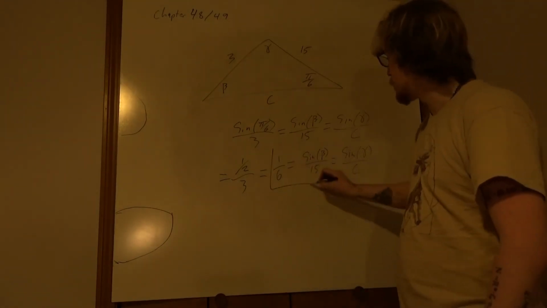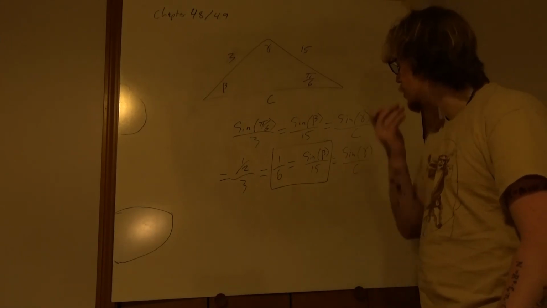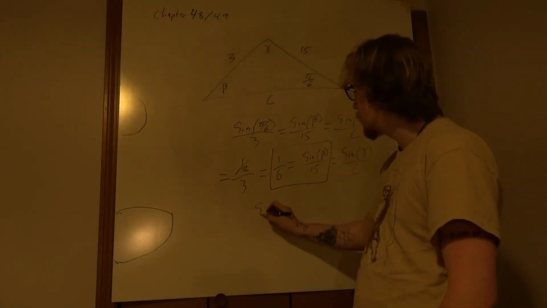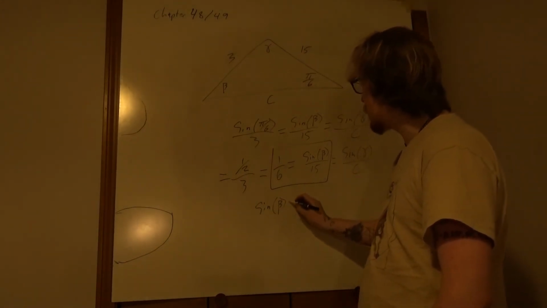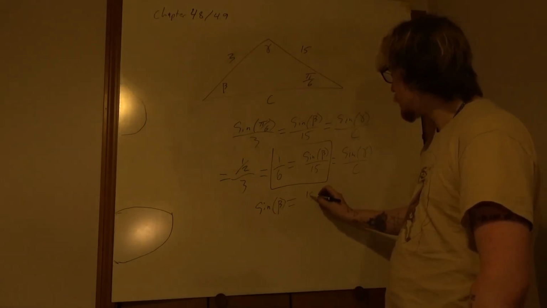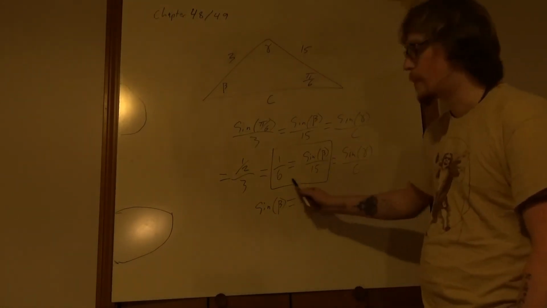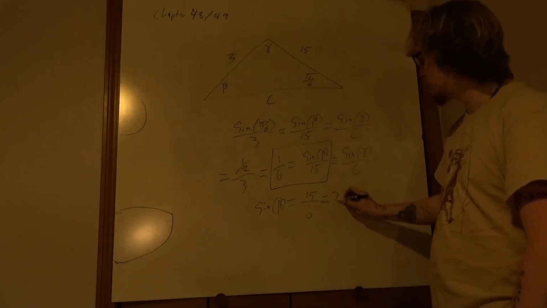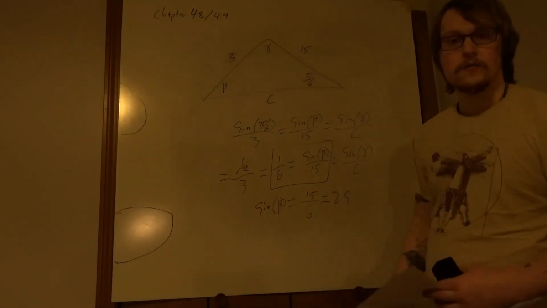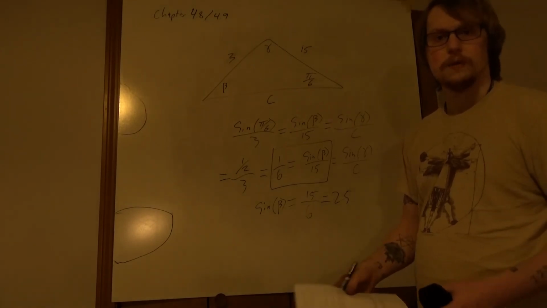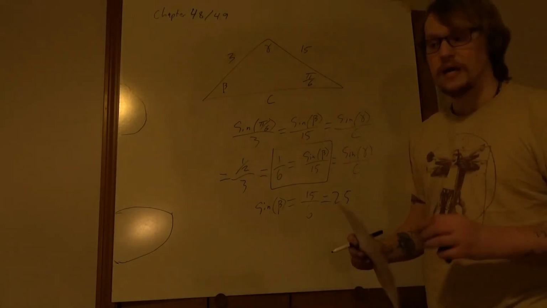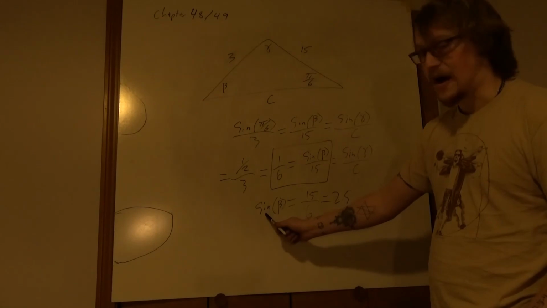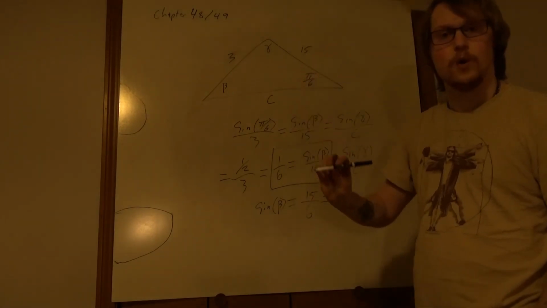So, using just this relationship, I can say that sine of beta is going to equal 15 over 6, just by multiplying both by 15. However, 15 over 6 is 2.5. What does that mean? That's a problem because we know that sine is bounded between -1 and 1.